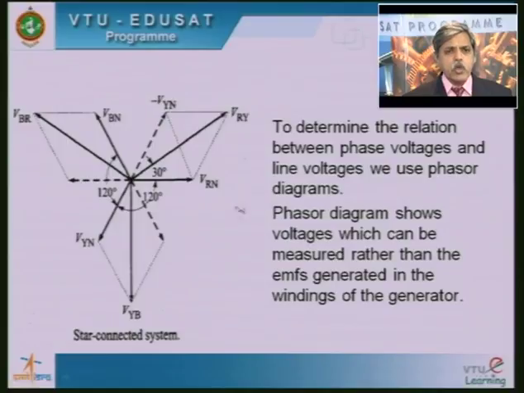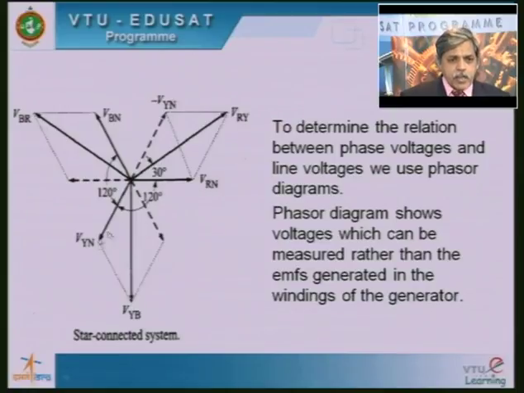So, here I show you a phasor diagram. To determine the relationship between the line voltage and phase voltage of a star connected system, we make use of this phasor diagram. It is very easy to analyze from the phasor diagram. I am considering the R phase voltage as reference.